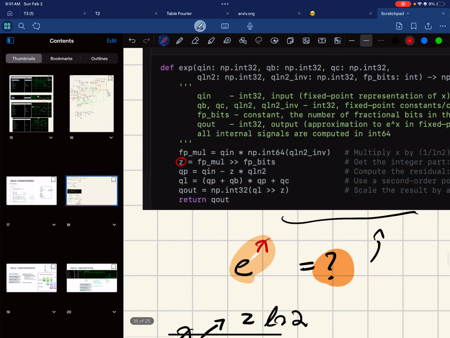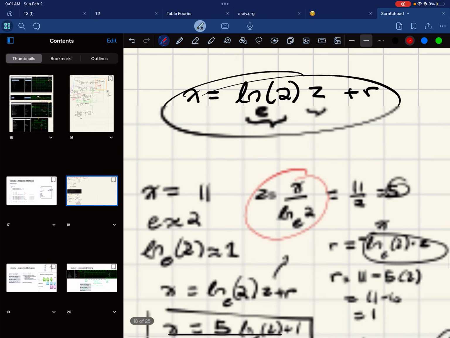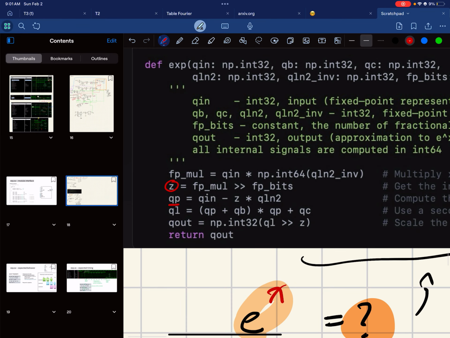And then QP is our residual, is our R. And so QP is just going to be R is equal to, as we said earlier, x minus z ln 2, because x is equal to R plus z ln 2, because we found that. And so I find my R, and then my approximation for e to the R is going to be 1 plus R squared over 2, or something like that, right?